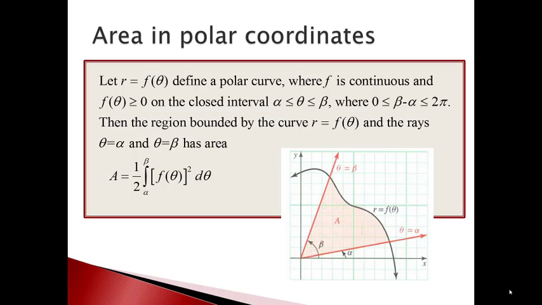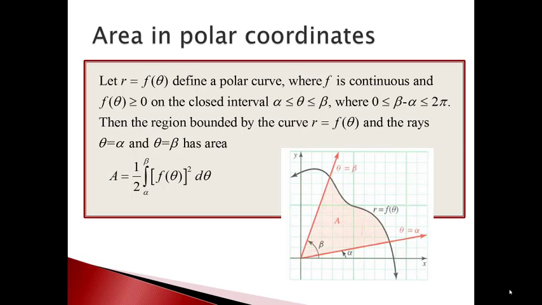Let r equal f of theta define a polar curve, where f is continuous and f of theta is greater than or equal to 0 on the closed interval alpha to beta, where 0 is less than or equal to beta minus alpha, which is less than or equal to 2 pi.